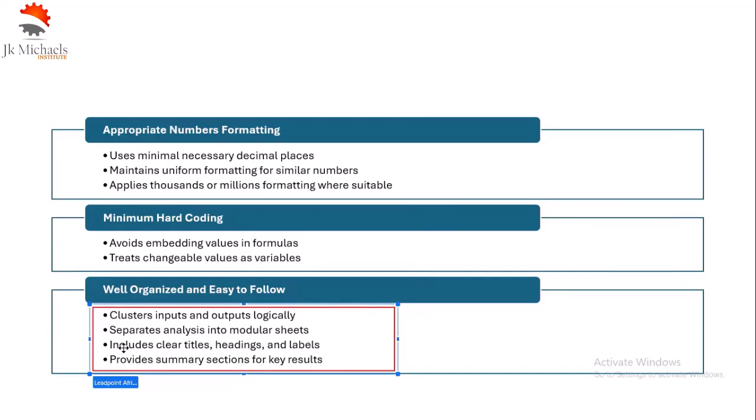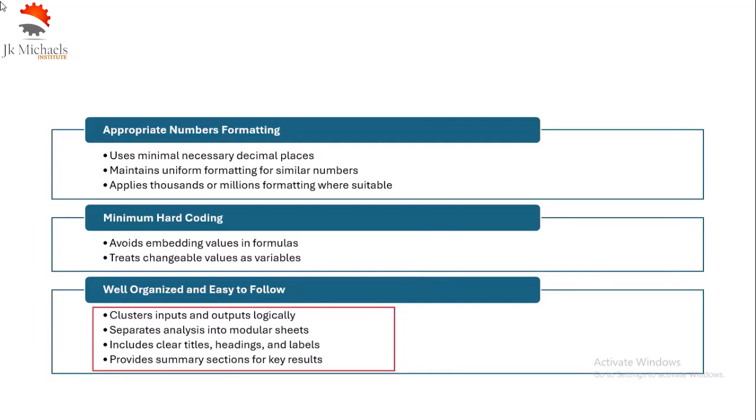Try as much as possible to include clear titles, headings, and labels. And if you have key results, provide a summary section. A lot of models have what you call a summary sheet, used to display all the major highlights of the model.